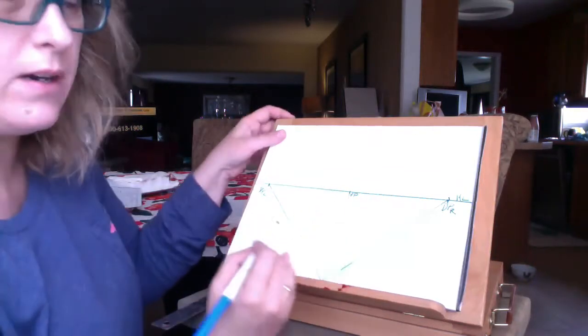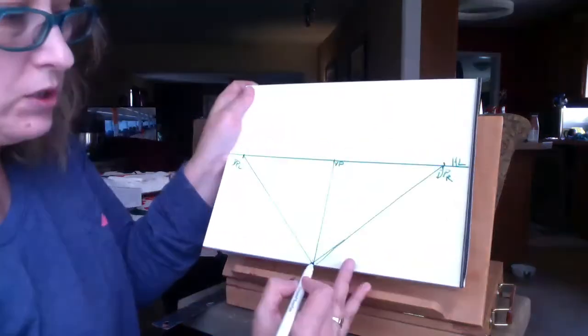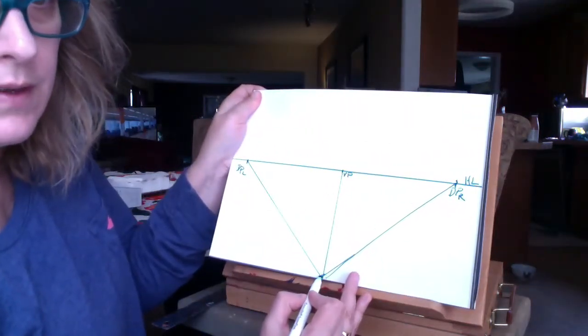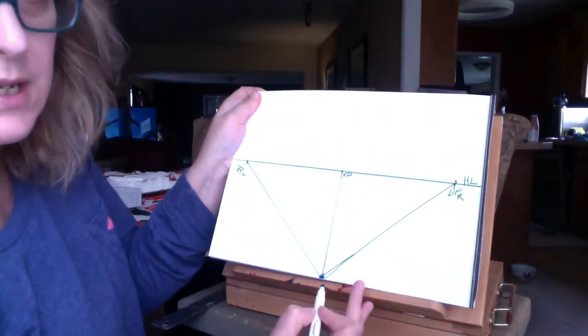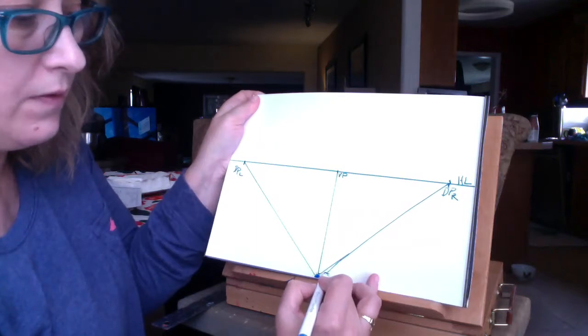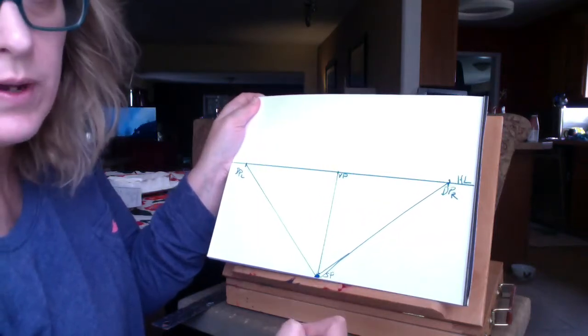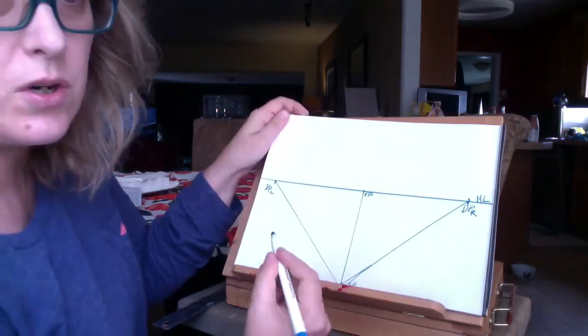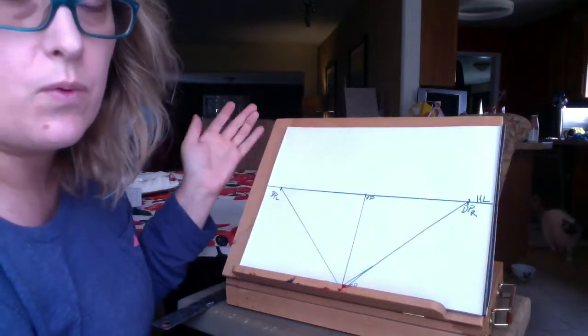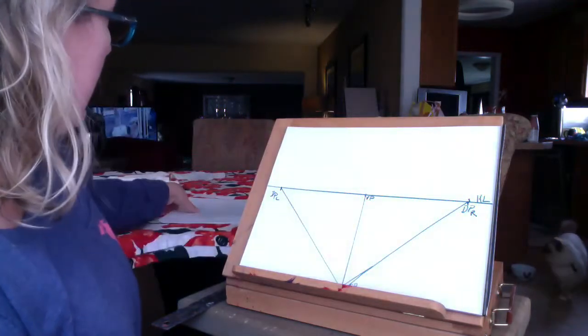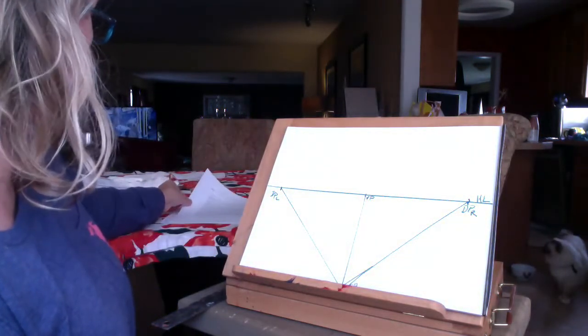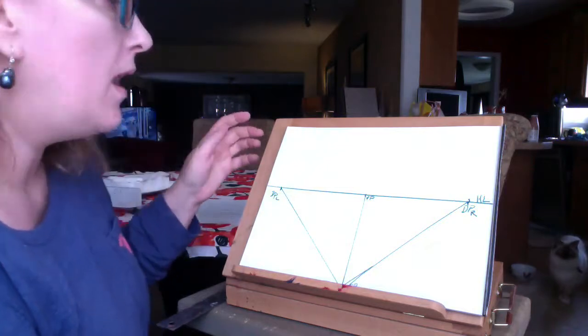And then down here where you can't see because of my ledge, but right here, this represents you, and that's called the SP, or station point, okay? And so that's just terminology you need to learn when you're working with perspective, and luckily in your packet you have that list of definitions.